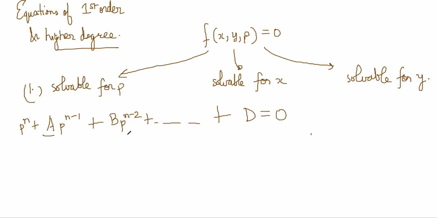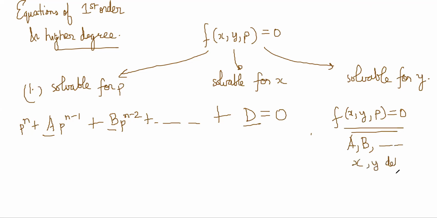A, B, D and all could be terms which depend on x and y, because the whole thing was written as f of x, y, p is 0, right? So the coefficients could have x and y dependency, but we ignore that fact for now and we think of this as a simple n degree equation, right?